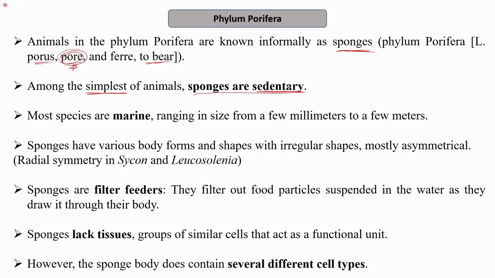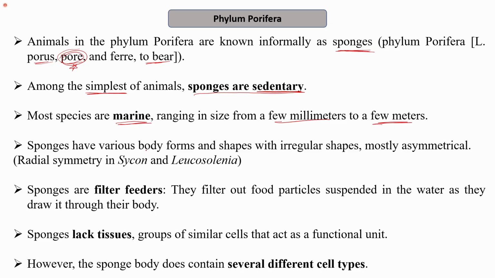Sedentary means they cannot move, they are not mobile, they are sessile, and most species are marine. So mostly they live in marine water, ranging in size from a few millimeters to a few meters.